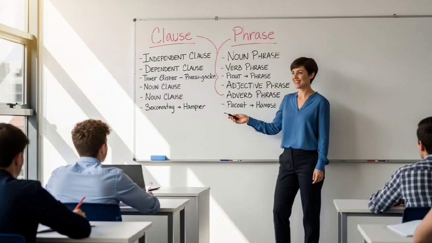Under the tree, you will write whether it is a clause or phrase. It is your homework, and you can answer in your comments. Try to make your own 5 examples in the comments section below.